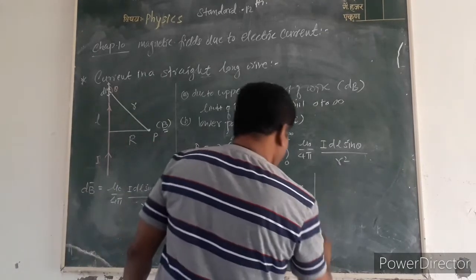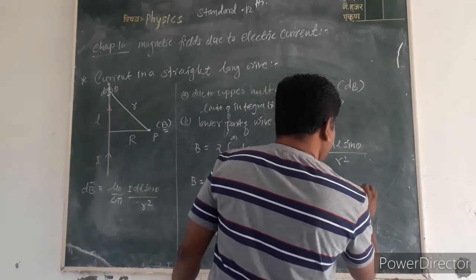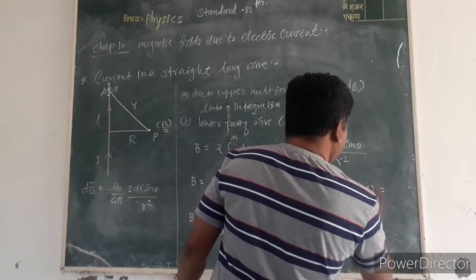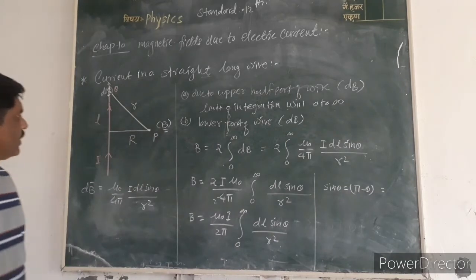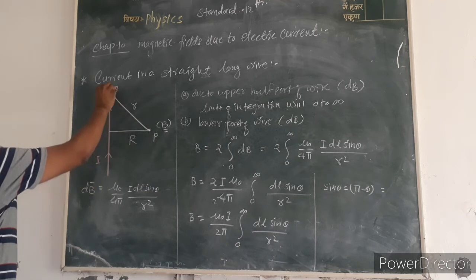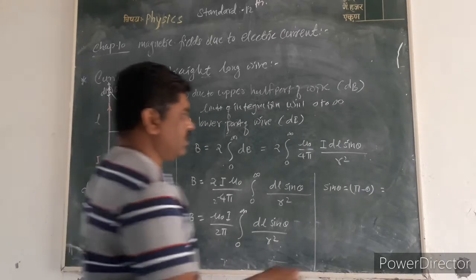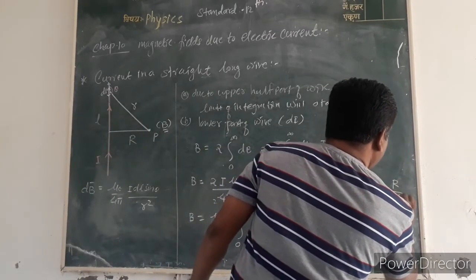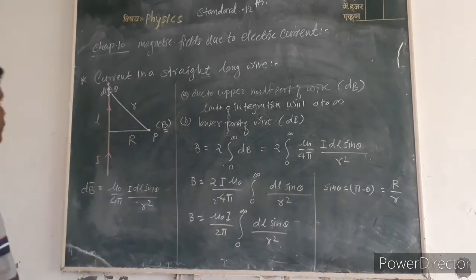But in the figure, sin theta is equal to sin of pi minus theta, or is equal to, in the figure, this is a right angle triangle. The value of sin theta is capital R upon small r. Also, we find out the value of this small r.